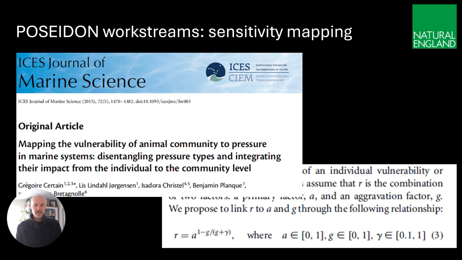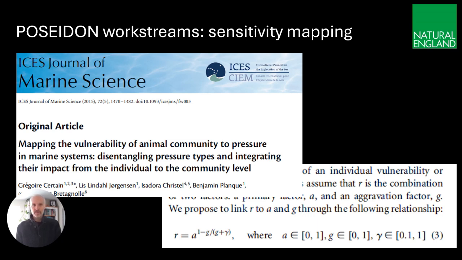This approach results in an equation at the bottom right of the screen here, effectively saying that sensitivity is a product of the various criteria that we define, which includes metrics of conservation importance, as well as expected responses to pressures associated with offshore wind.